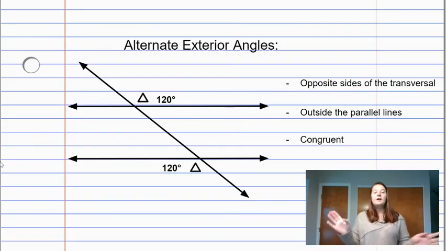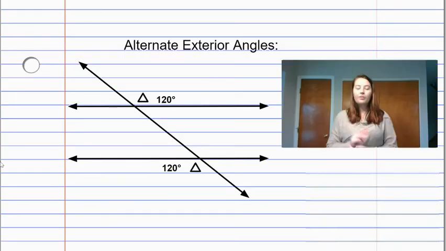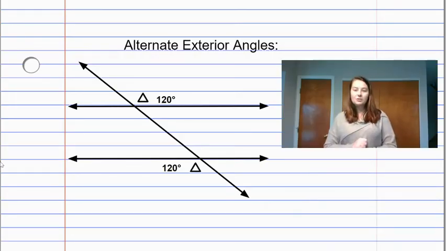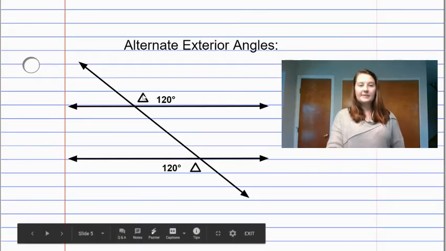Let's look at another one. I am giving you these two angles. You have two triangles, and they have their angle measures next to them. What three things make these two angles alternate exterior angles? One, they are on opposite sides of the transversal. This one is on the right side of the transversal. This one is on the left.